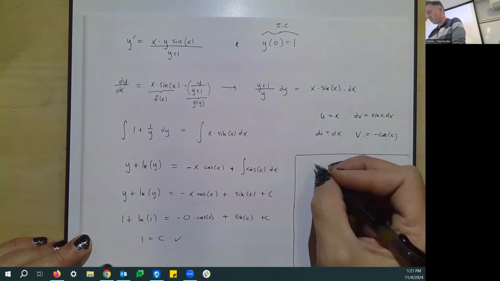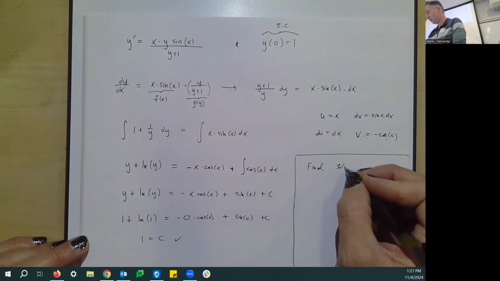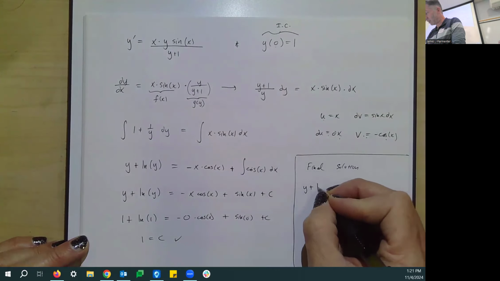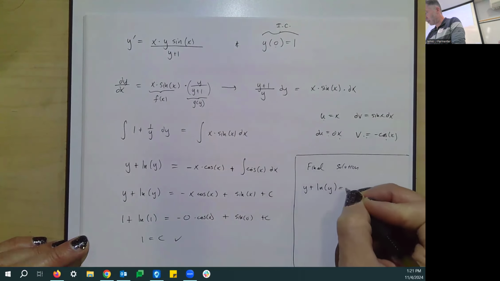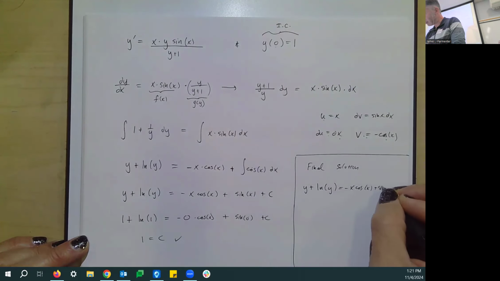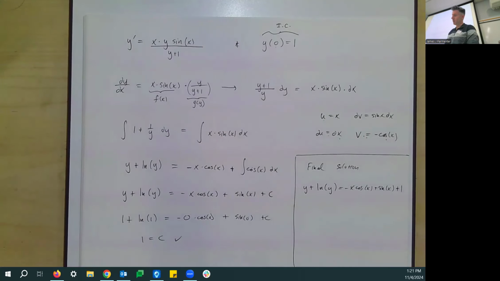So our final solution, which feels a little disappointing, but it is what we've got, is y plus natural log of y equals negative x cosine of x plus sine of x plus 1. Sometimes that happens. Sometimes you get an equation where you can't actually isolate y, and that's just the way it goes sometimes.